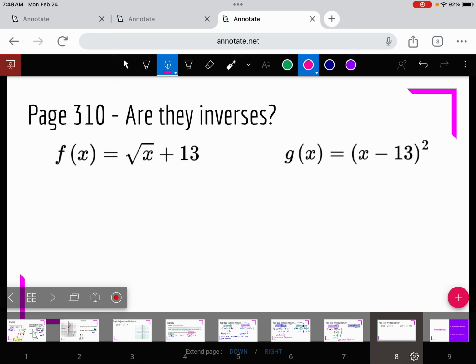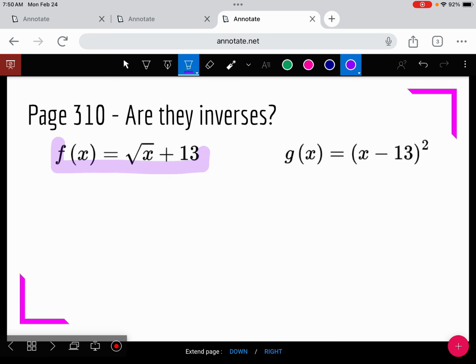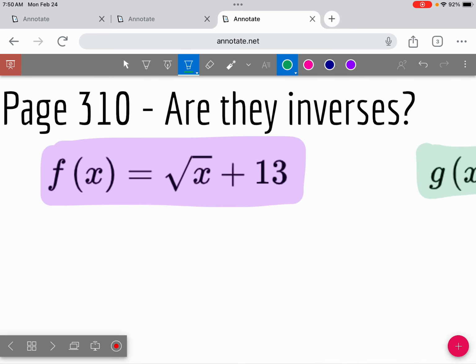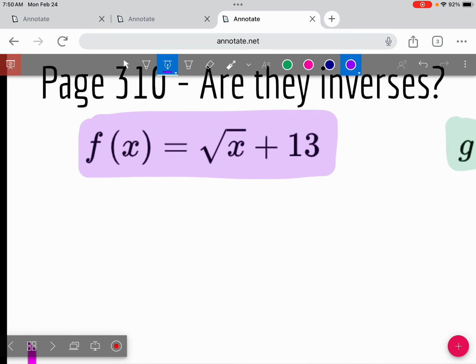It's the last one. So we've got f of x is the square root of x plus 13, which I'm going to do f of x in my purple. And g of x is the quantity x minus 13 squared. So let's start by doing our f of g of x.